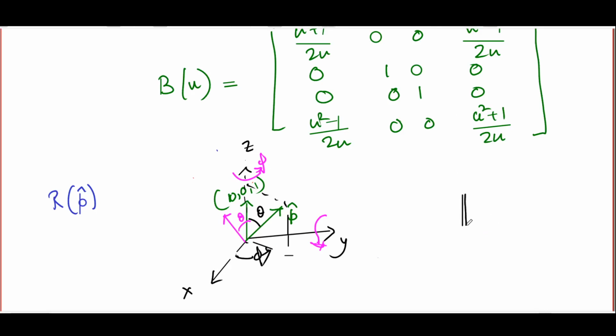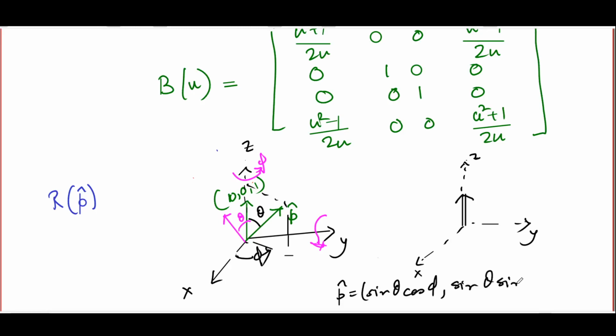You have a vector pointing along the z-axis of your original coordinate system with x, y and z-axes. Then you want to rotate your coordinate system in such a way that you end up with components of p hat which are sine theta cosine phi, sine theta sine phi and cos theta respectively.